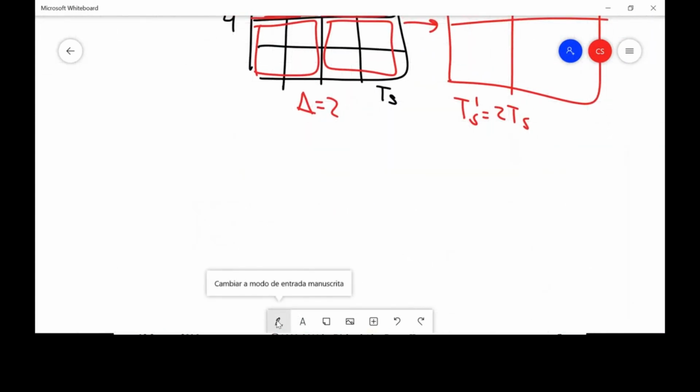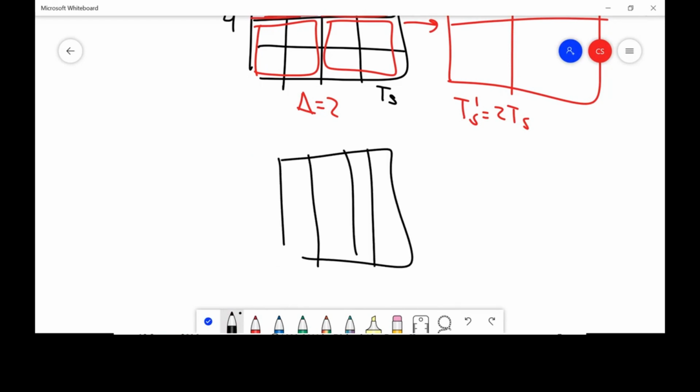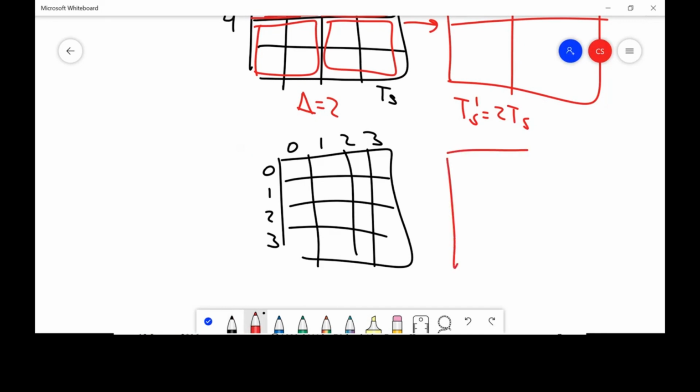So let's say that we are doing a downsampling by a factor 2, and we start with our rows and columns starting at 0, 1, 2, 3, and 0, 1, 2, 3. So the pixel 0, 0 in the output, this is R, this is C. Where is this coming from?